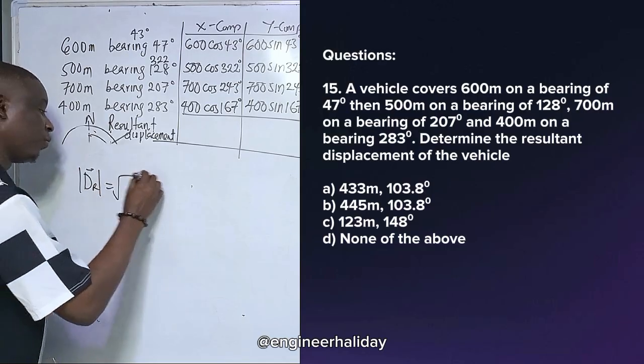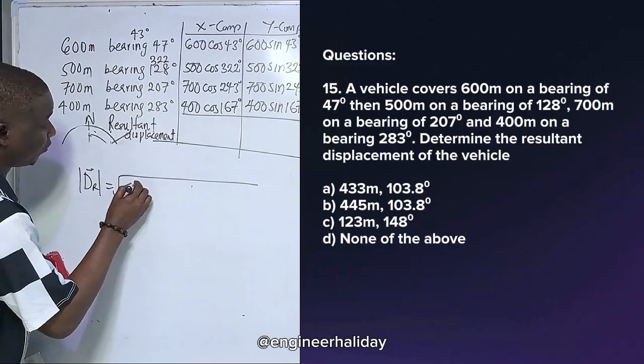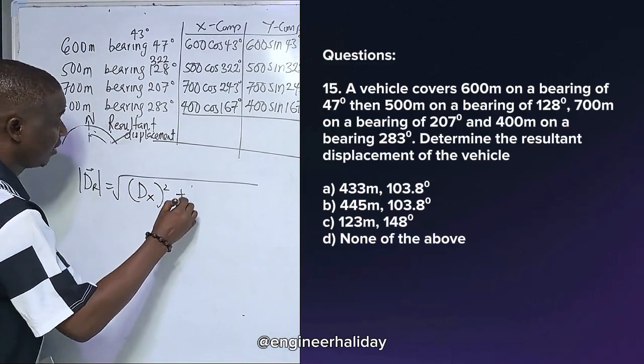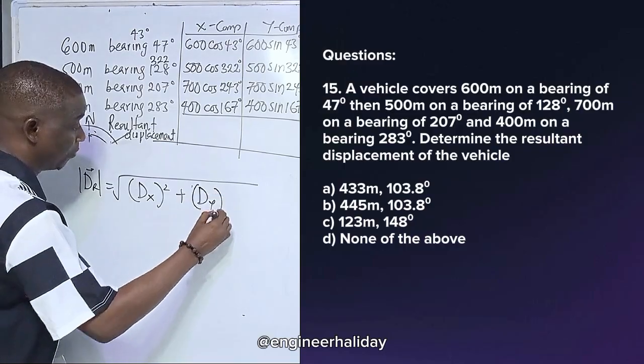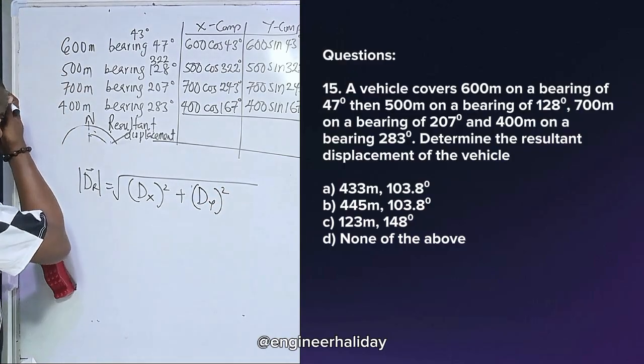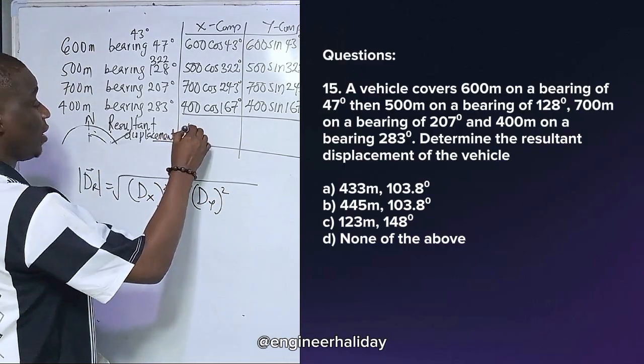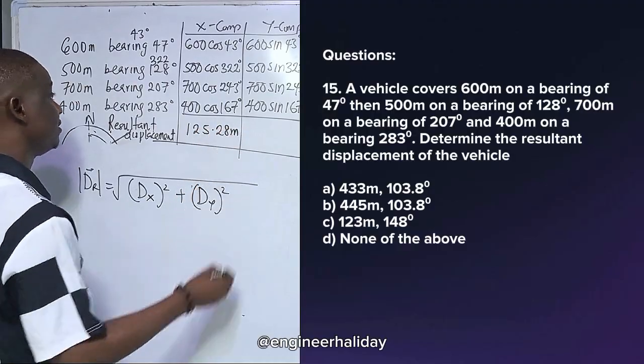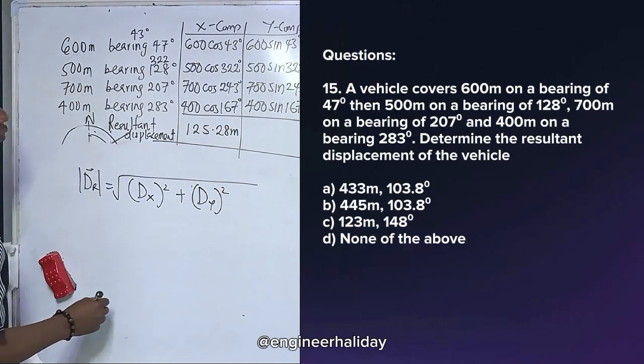After getting it, to find the magnitude, I want to use the sum of the displacement along the x component squared plus the displacement along the y component squared. Yes? 125.28 meter. So go for the second one now.